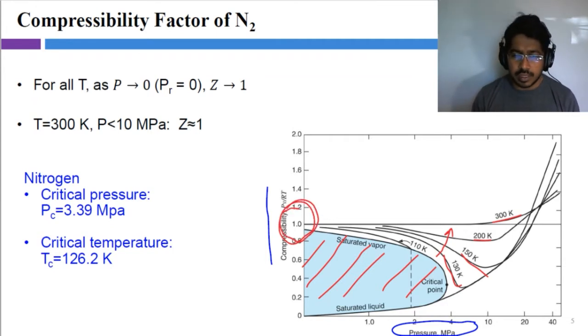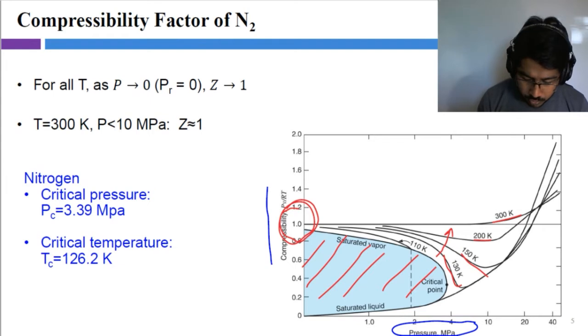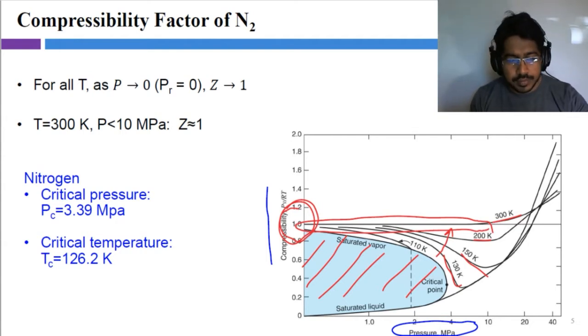Is there any special characteristic that you see? Perfect. It becomes very close to Z equals 1, and especially if you look at 300 Kelvin, you can see that irrespective of the pressure, even with an increase in pressure up to this range, it is Z equals 1, right?